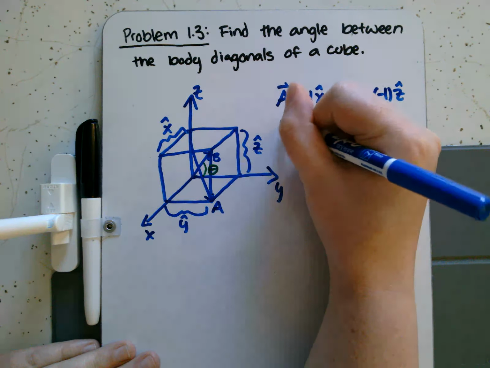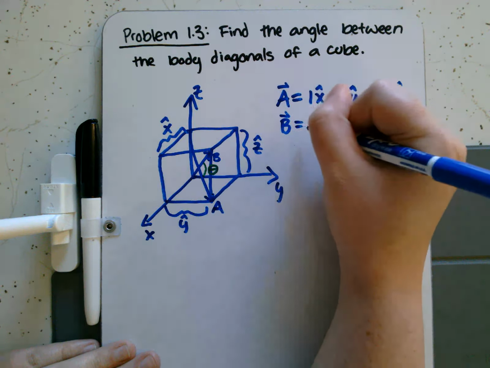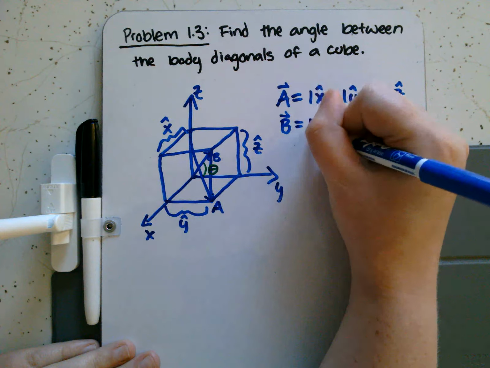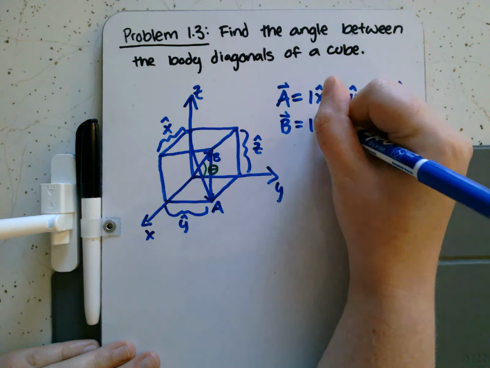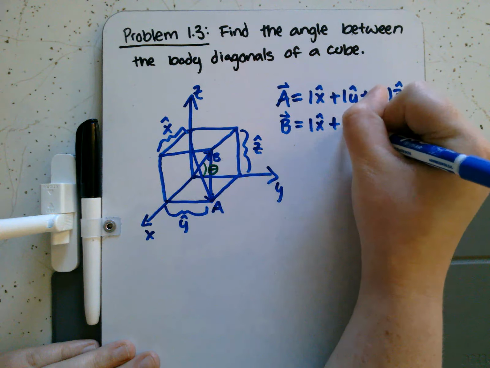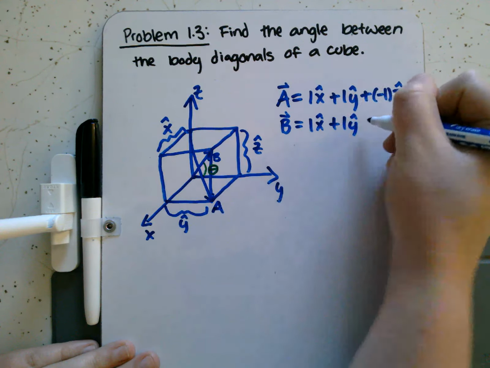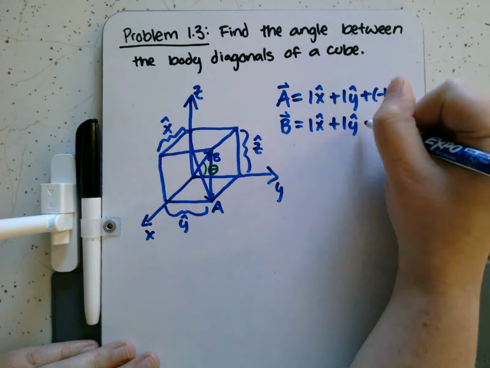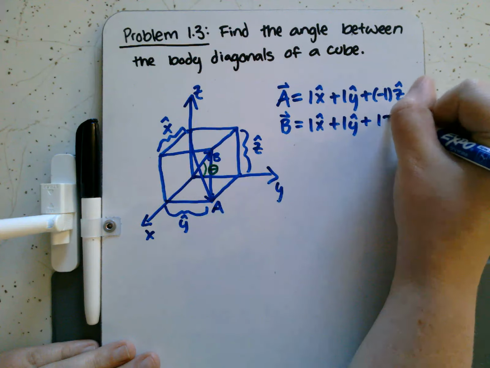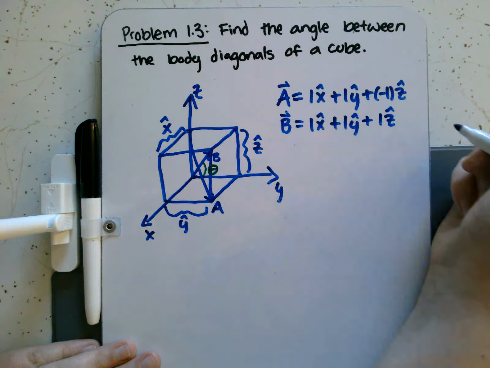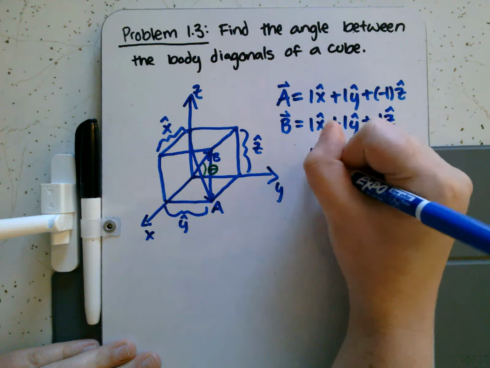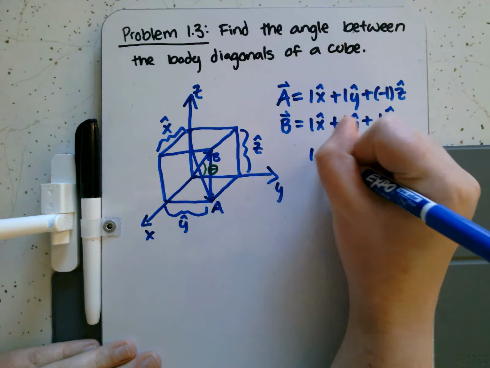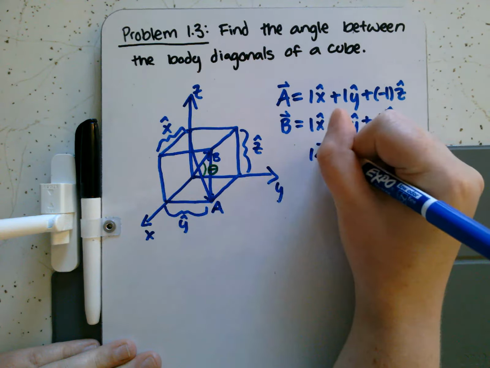Then for our B vector, we've moved 1 in the X direction, plus 1 in the Y direction. And this time we moved in the positive direction of Z, so we'll have plus 1 in the Z hat direction. Now I can take the magnitude of both of these just using Pythagorean theorem.